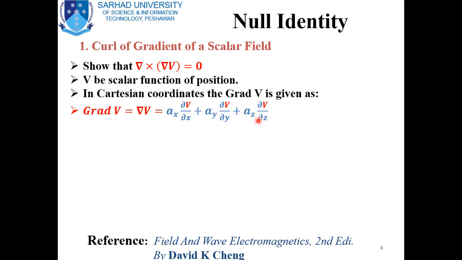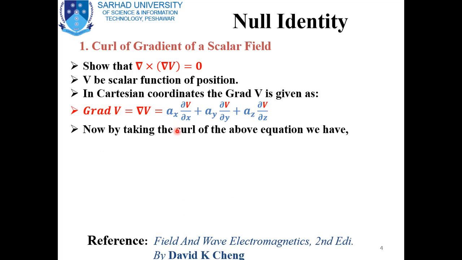So these are the three components of the gradient of a scalar function v, which is a vector quantity, because we have the base unit vectors of the Cartesian coordinates on the right hand side of the equation.